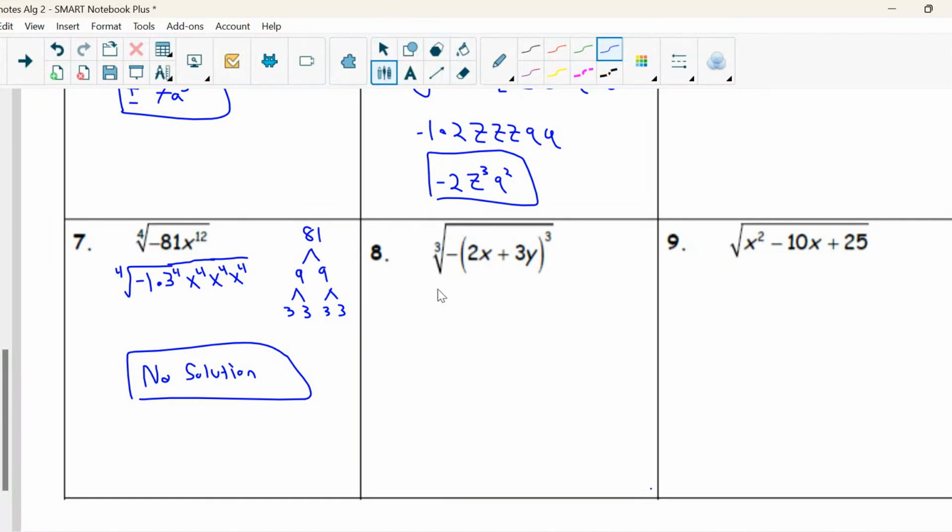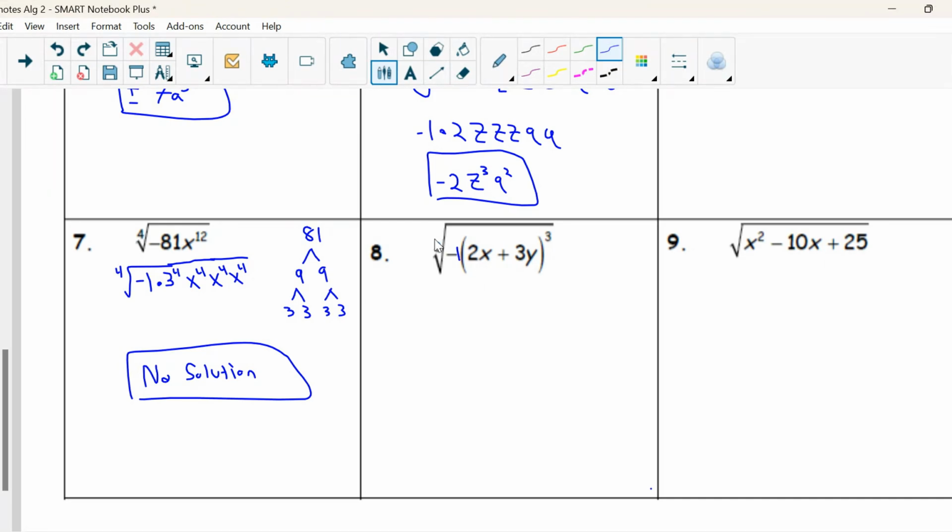This next one here, really, the first thing we need to take care of is to think about this negative. So this negative out in front is the same thing as saying negative 1. Okay? So we can simplify this negative 1 because it's under an odd radical. And we are taking 2x plus 3y to the 3rd power.